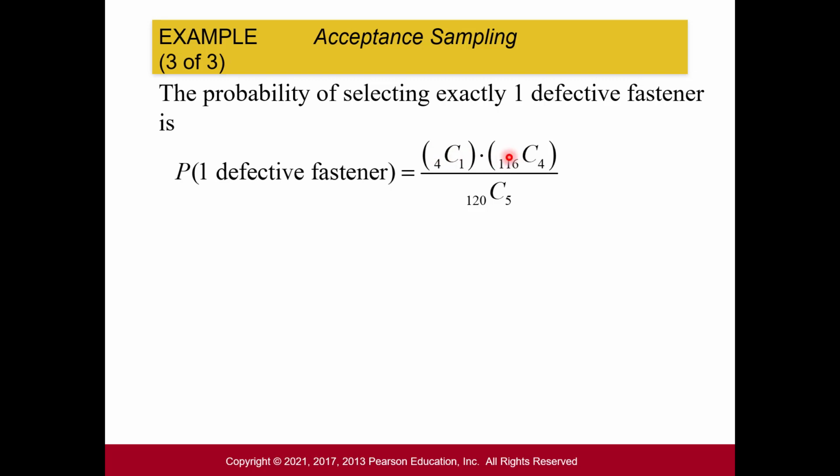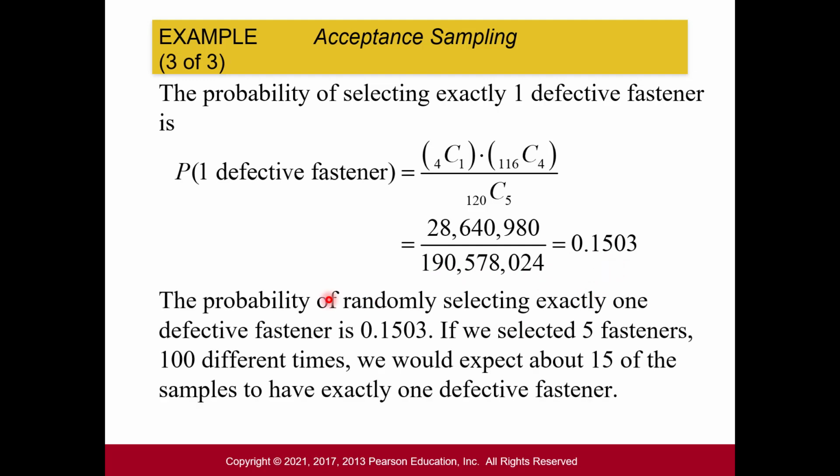That's our numerator, and we're choosing that out of all of the choices where we select 5, the different ways of selecting 5 out of the 120. So we already got those numbers earlier. Our probability is about 15%. So the probability of randomly selecting exactly one defective fastener is 15.03%.